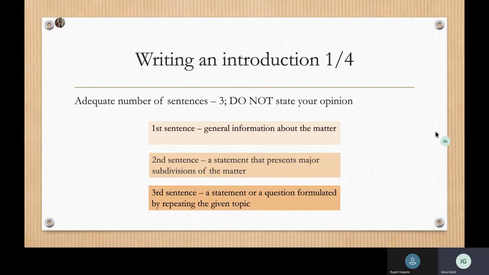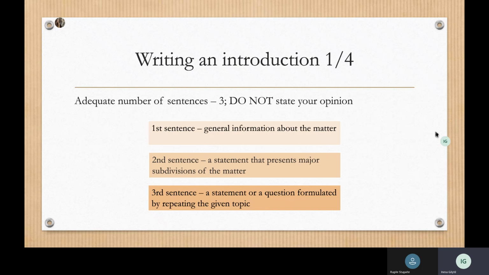Apart from the main part of the essay, the introductory and conclusion parts are those that let you indicate that you understand the task correctly and express your opinion or do not express your opinion in certain ways that show that you know that it is a for and against essay, apart from the opinion essay.